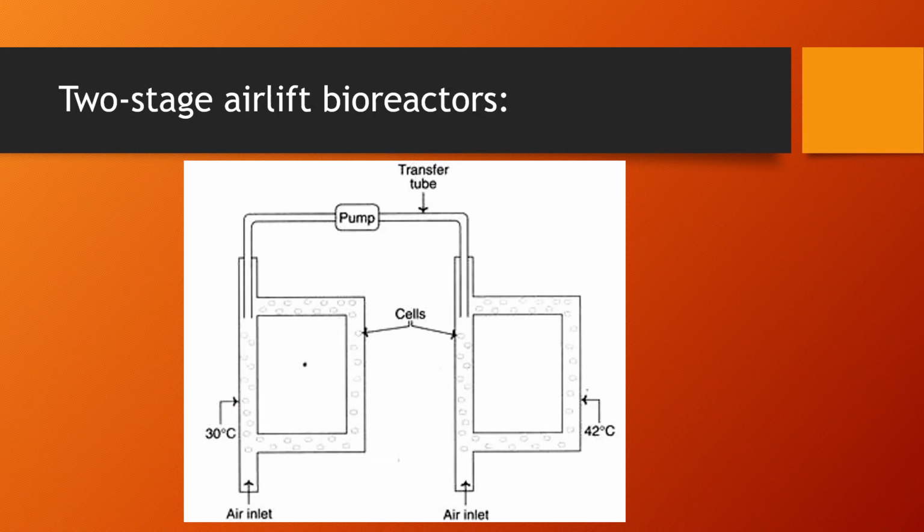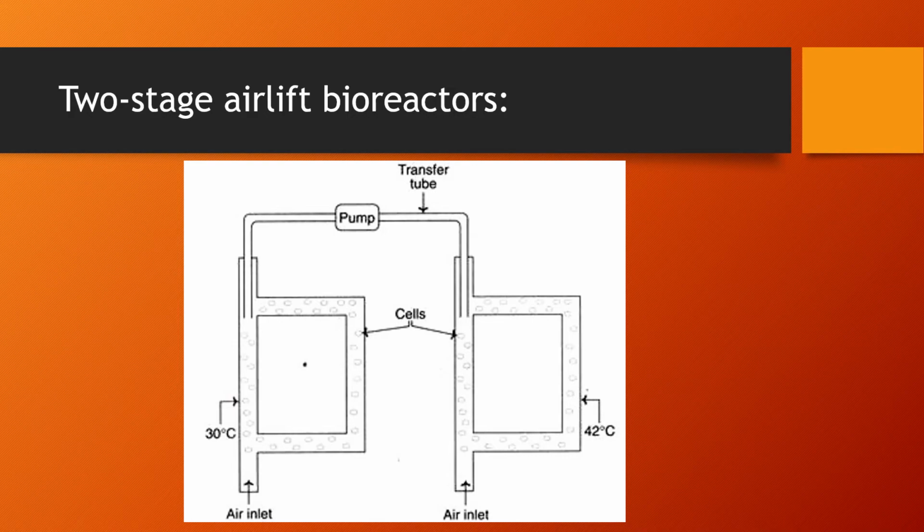Now coming to another type of airlift bioreactor, the two-stage airlift bioreactor. Why is it called two-stage? Because there are certain bioprocesses which require two different stages. In one stage one molecule is being produced, and in another stage that molecule is being utilized and converted into another molecule through another bioprocess, right?